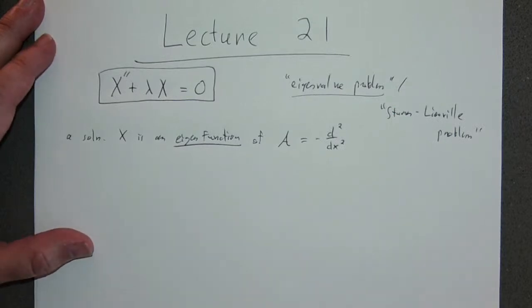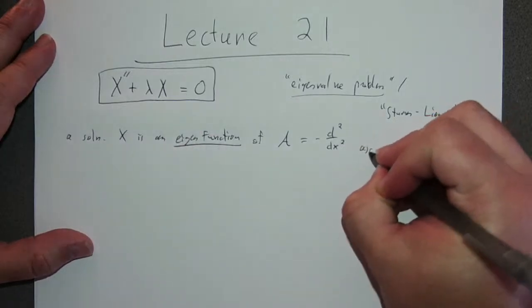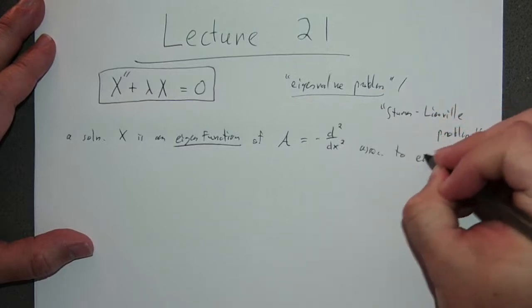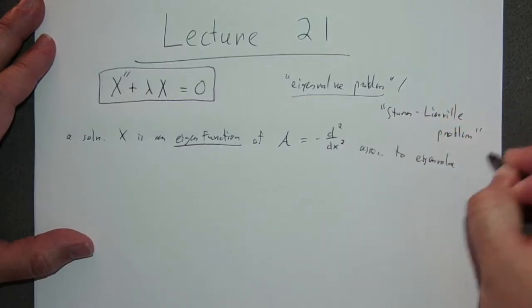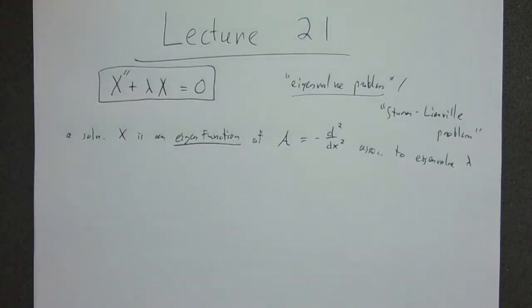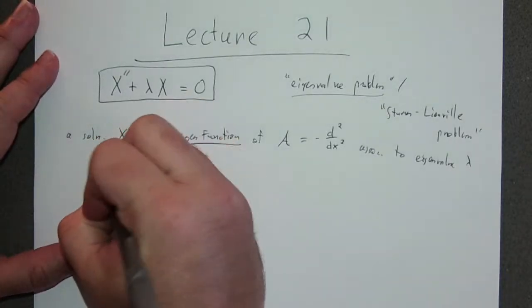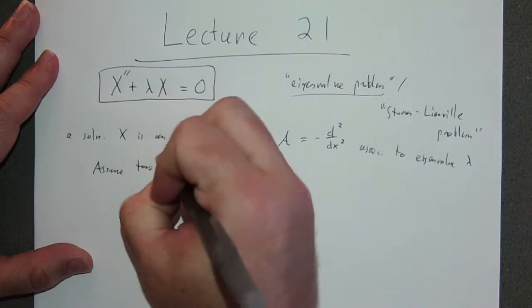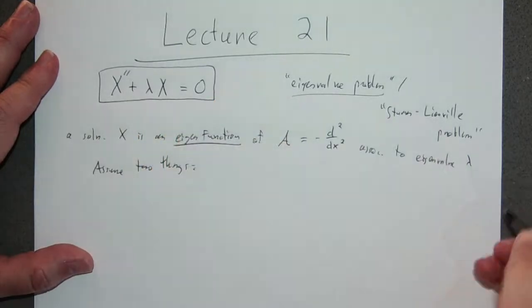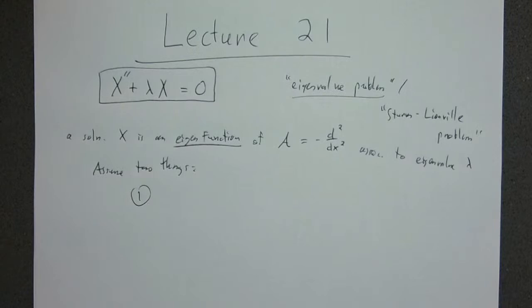So a solution x is an eigenfunction of script A associated to an eigenvalue, say lambda. There are two big assumptions we're going to make. Firstly, assume that there are countably infinitely many solutions to this, so countably infinitely many eigenfunctions and eigenvalues.